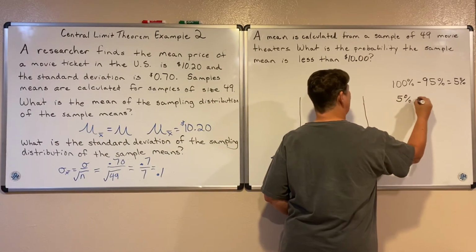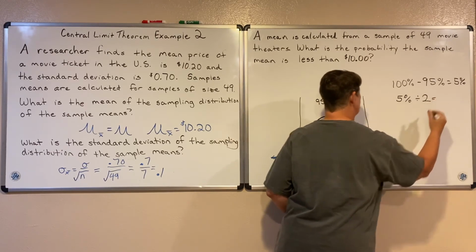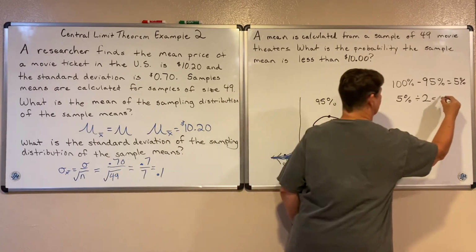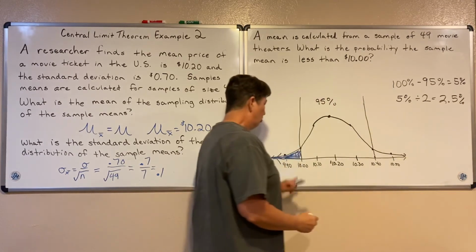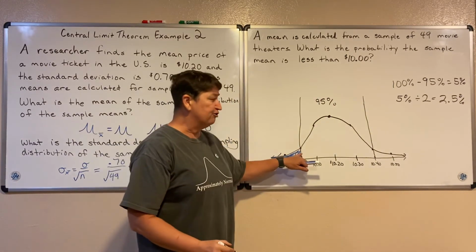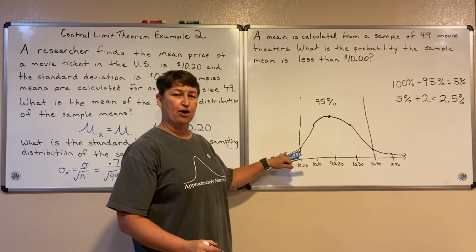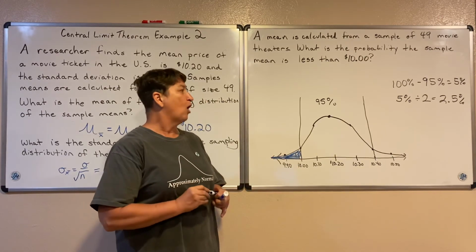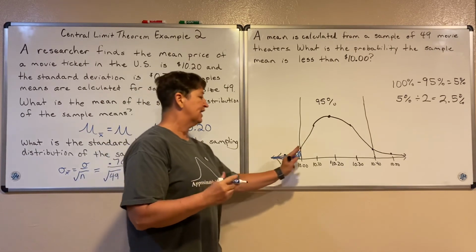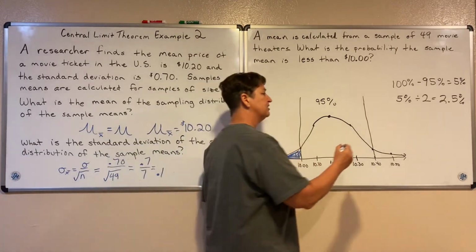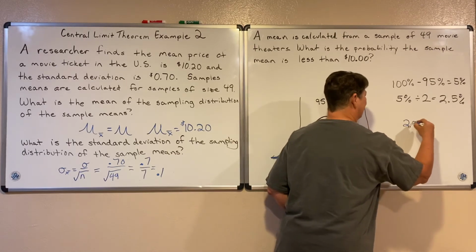So I'm going to take 5% and divide it by 2 to get that 2.5%. So this is 2.5% of the area under the curve, or the probability that we get a sample mean that is less than $10 is only 2.5%.